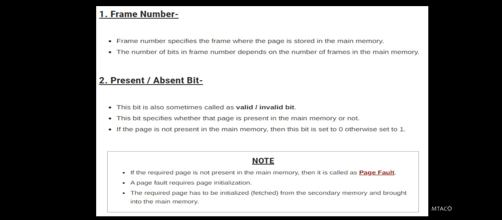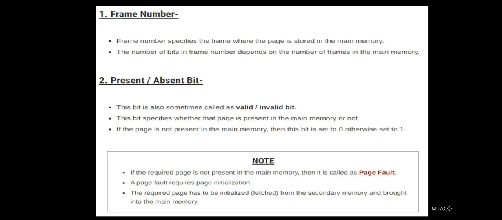Next is your present or absent bit. This is also sometimes called the valid or invalid bit. This bit specifies whether the page is present in the main memory or not. If your page is not present, then this bit is set to 0.